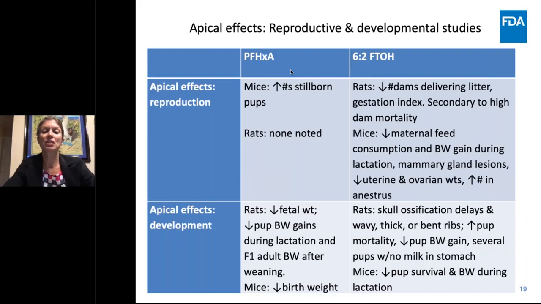However, with the fluorotelomer, in addition to the decreased body weight gain postnatally, you had increased pup mortality, and prenatally you saw skull ossification delays and wavy, thick or bent ribs. Mice administered the fluorotelomer had both decreased pup survival and body weight during lactation, so very similar to the effects noted with PFOA in mice.